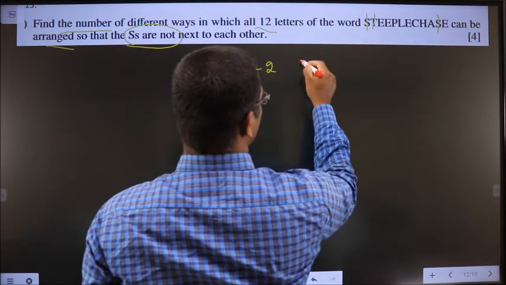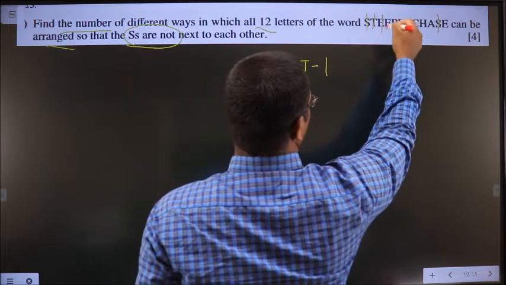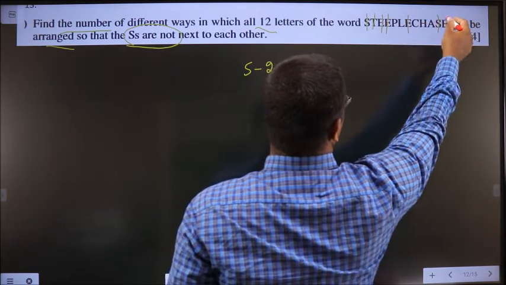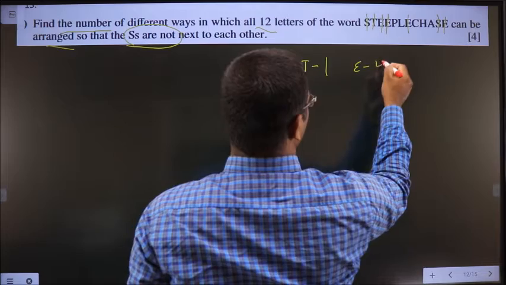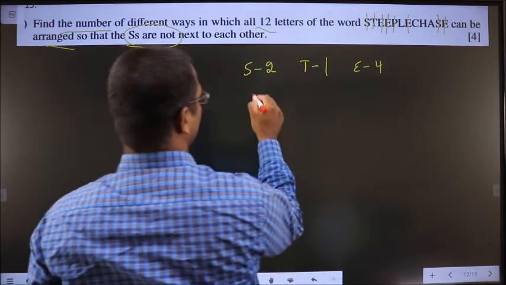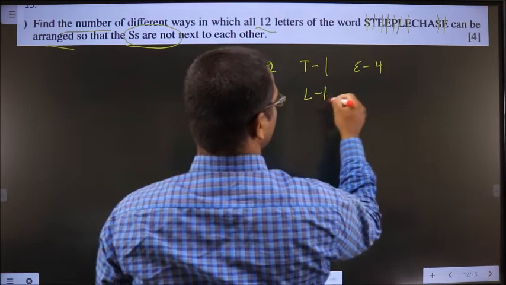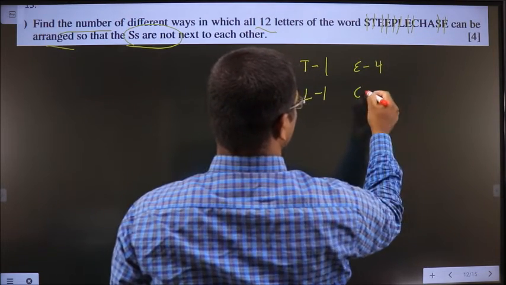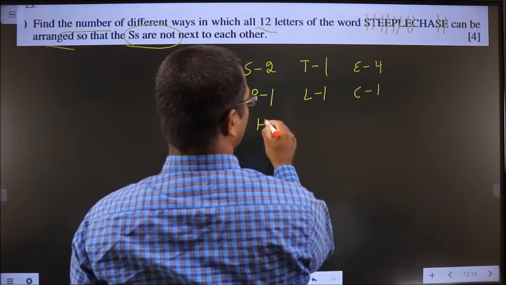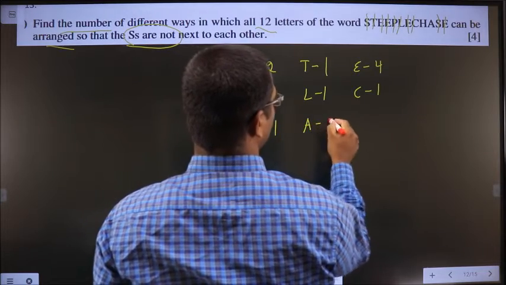T is present once. E is present 4 times. P is present once. L is present once. C is present once. H present once. A present once.